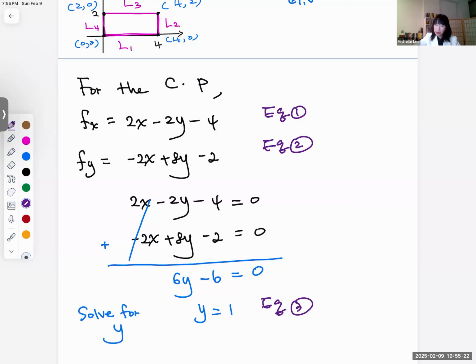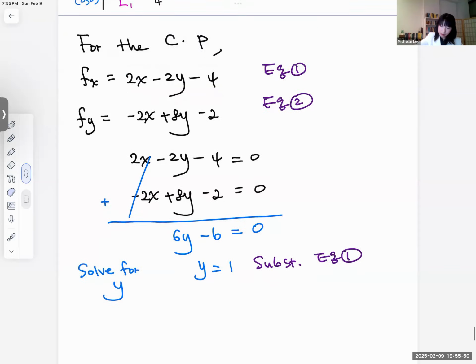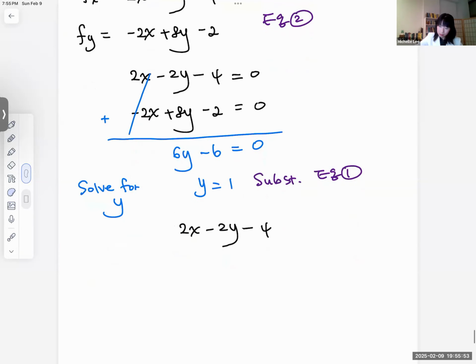Then we can substitute into any equation, right? Let's substitute into equation number 1. We can do either one.